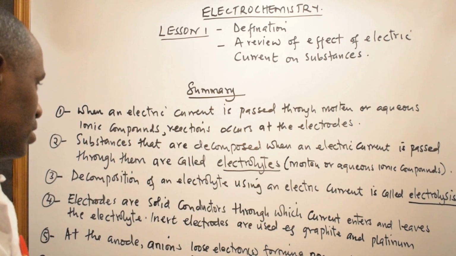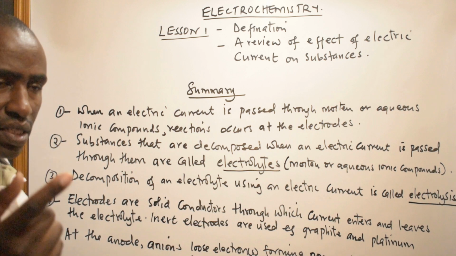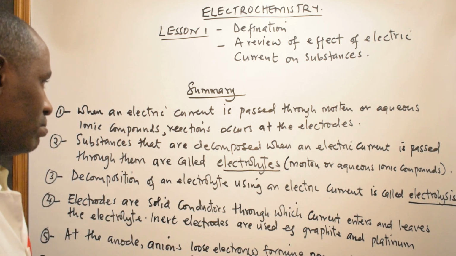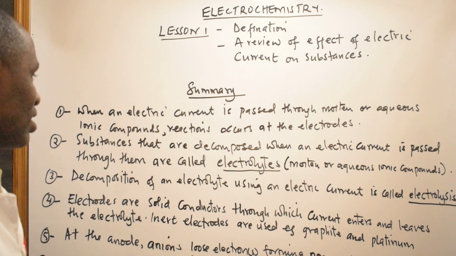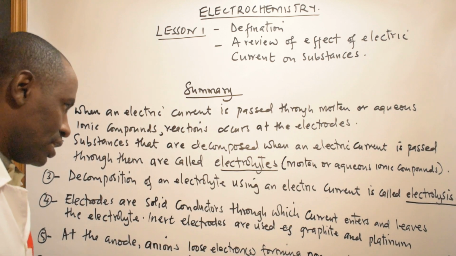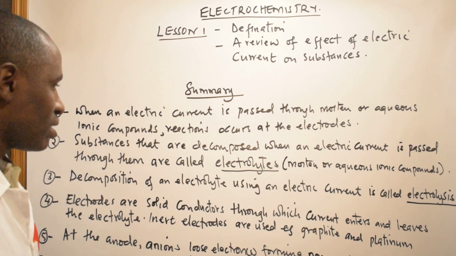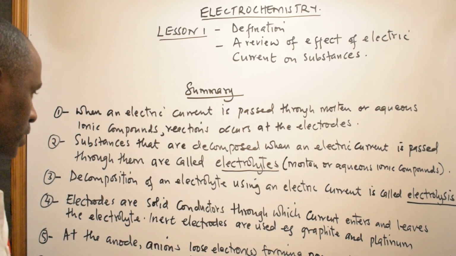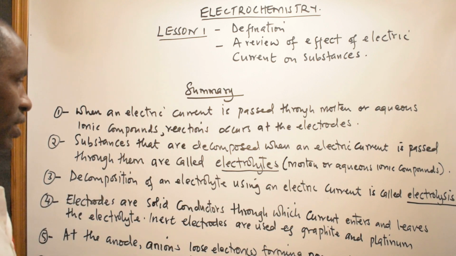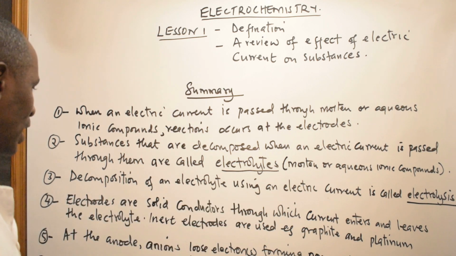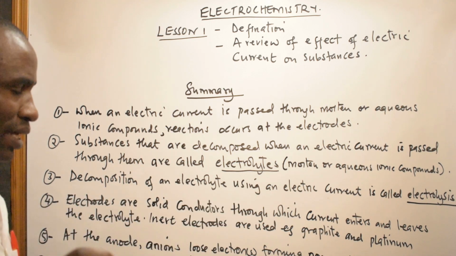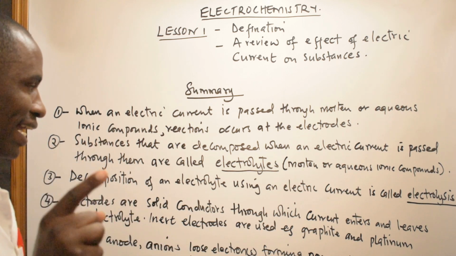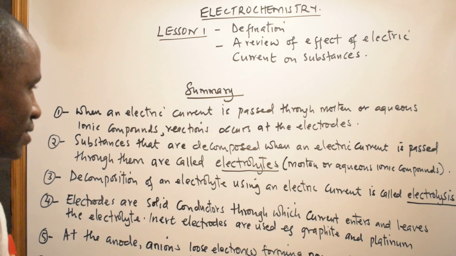Electrolytes are simply substances that allow the electric current to pass through them and are decomposed. In other words, substances that are decomposed when electric current is passed through them. Then point number 3, electrolysis is simply the decomposition of an electrolyte using electric current.